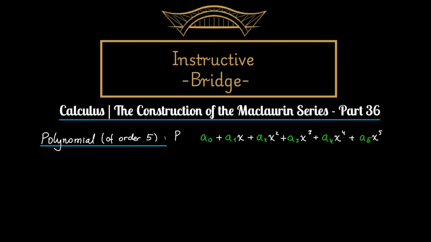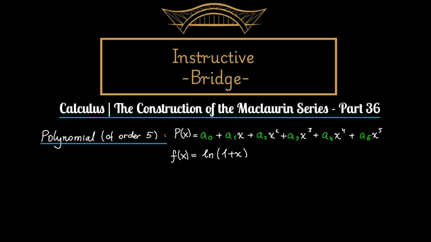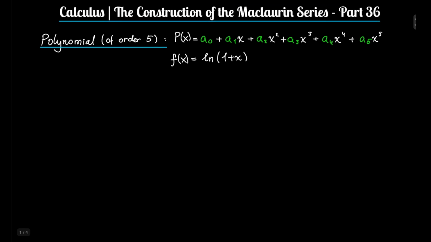We'll name it capital P of x, and in this case a0, a1, a2, a3, a4, a5 are simply coefficients. At the same time, I also want you to consider a function f of x given by the natural log of 1 plus x.